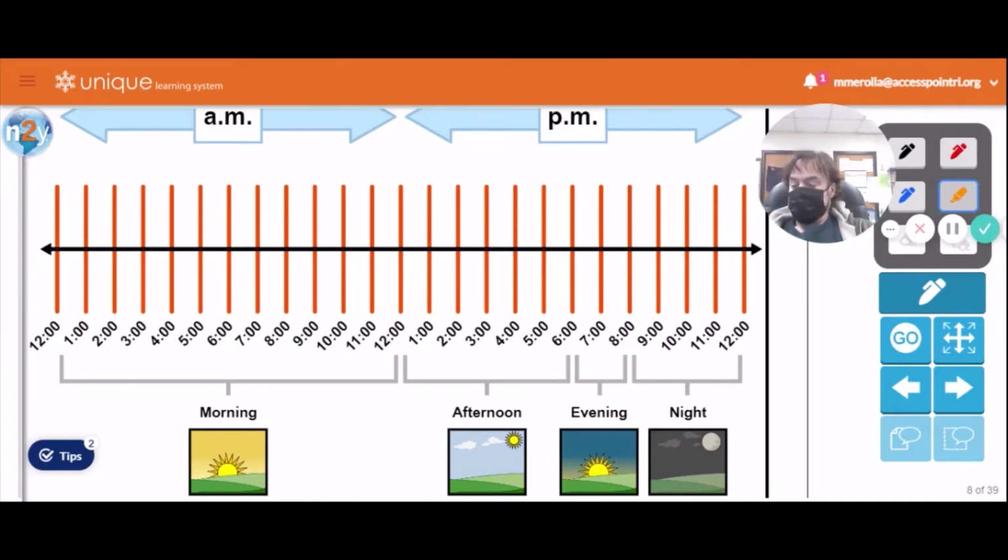So Kelly wants to go to her church's pancake breakfast. What's the earliest time she can go? Let's see. Is it 9:30 a.m., which would be right about here? All right. Is it 10:30 a.m., which would be right about here? Is it 7:30 a.m., which would be right about here?